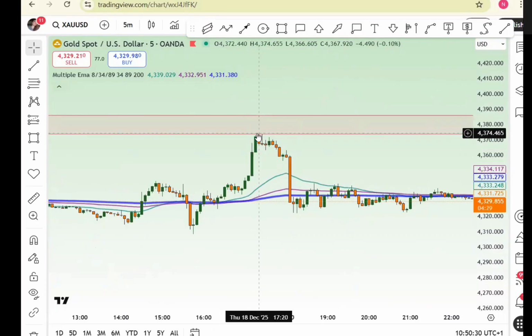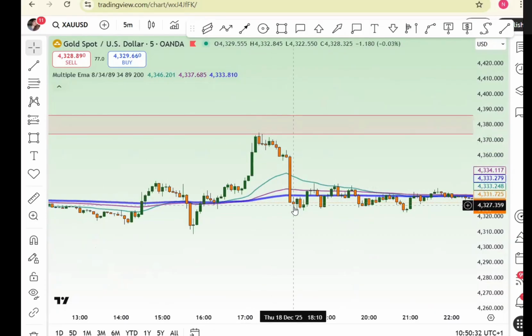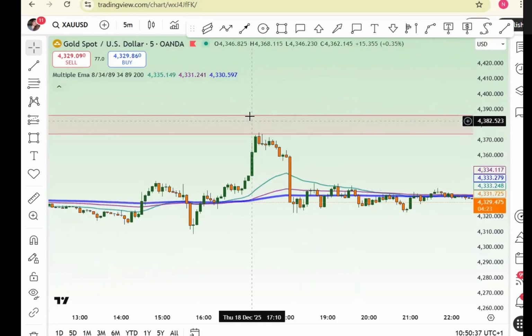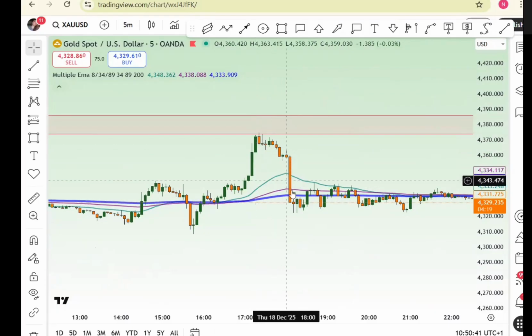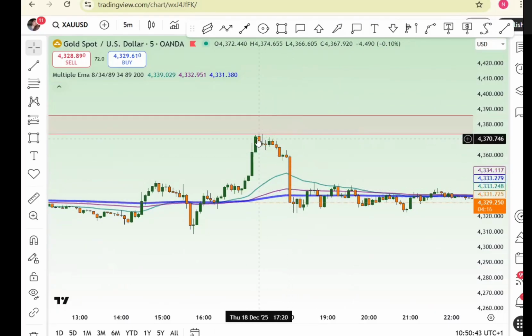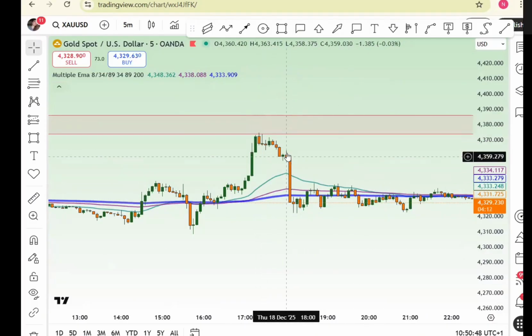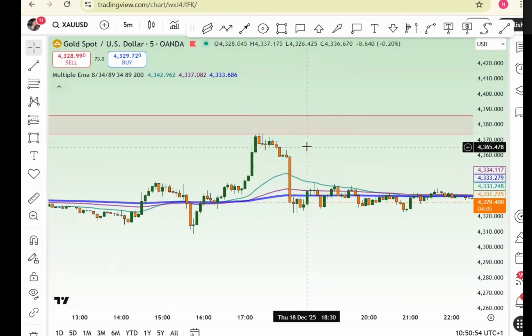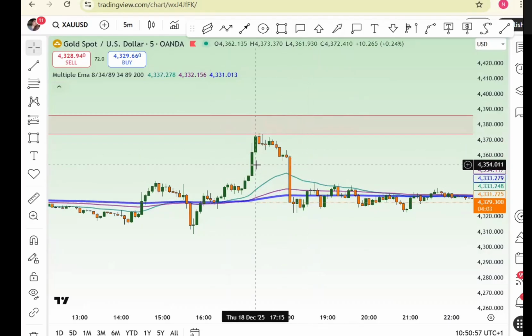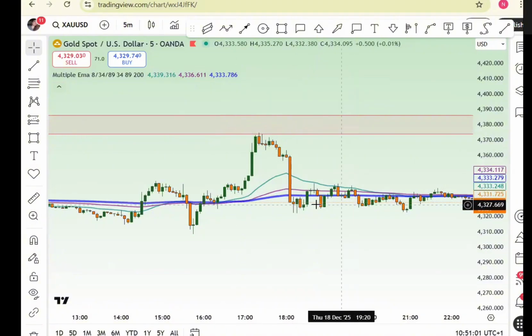It dropped drastically, nearly a $50 decrease, in just a few minutes, around 30 minutes. It washed away $50 of real price yesterday. So that's why we need the confirmation candle to appear on the trading chart and always set a stop loss.